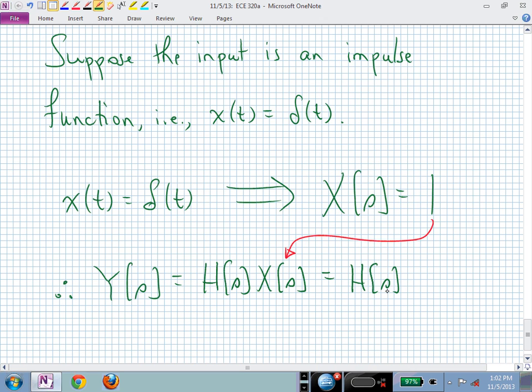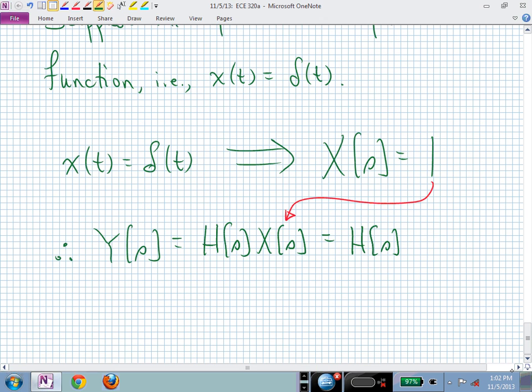Our output is going to just be capital H of s. That's now a signal, not just a system, because we've now applied a signal to a system to produce a signal, but this particular signal was an impulse.